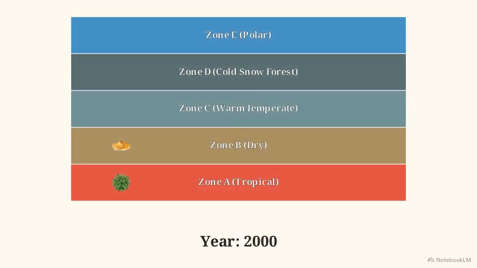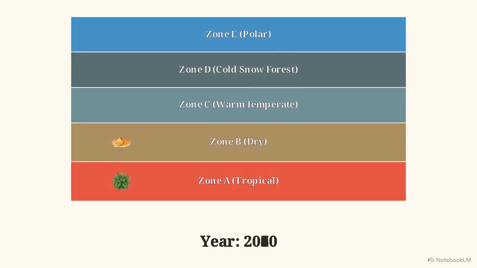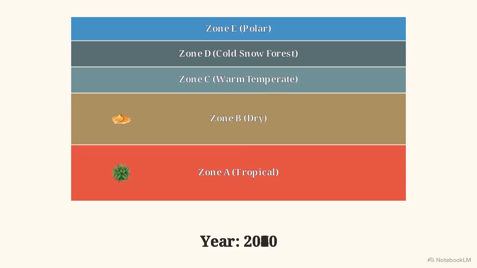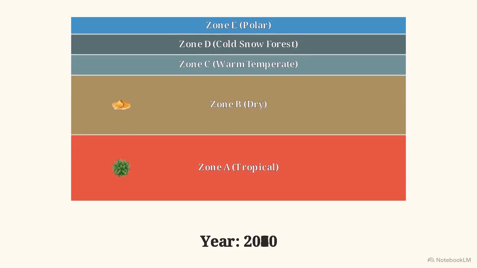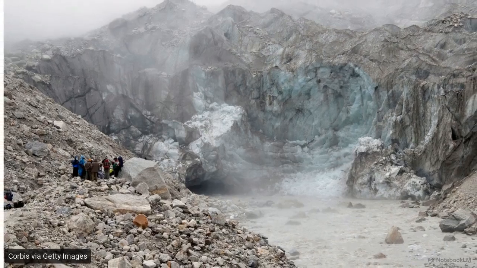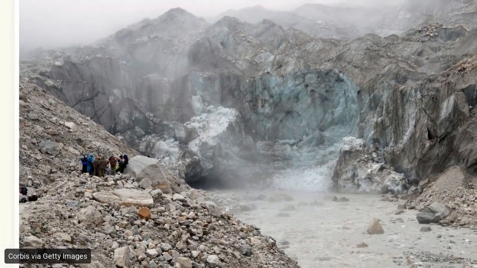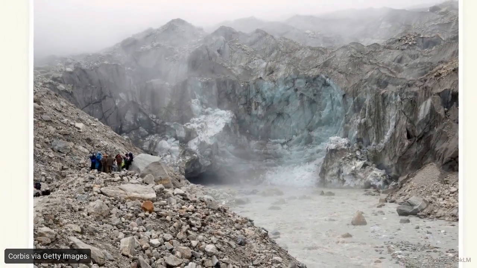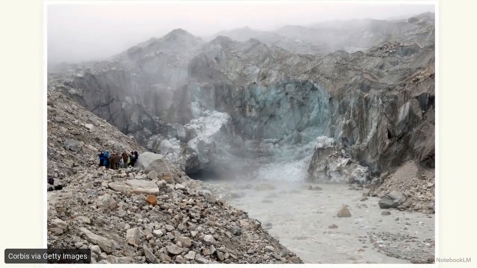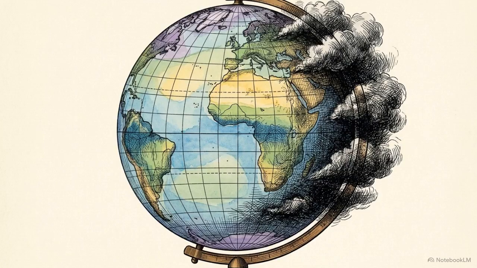The numerical thresholds for Koeppen's letters remain fixed, but the geographic zones they describe on the map are actively migrating. We see this physical migration in real time through the rapid, accelerating recession of high-altitude glaciers across the planet. Koeppen's empirical map provides the scientific baseline against which we measure the accelerating destabilization of our biosphere.